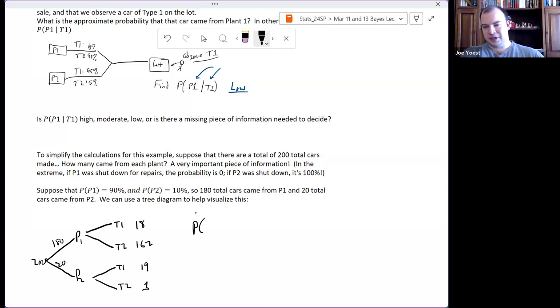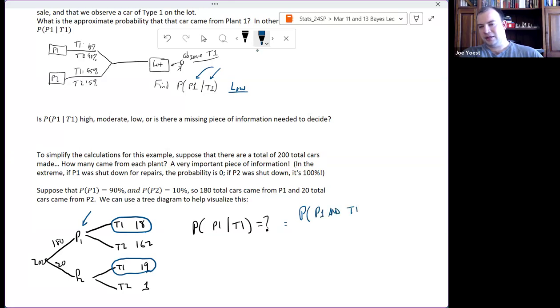So what is the probability of plant 1 given type 1? Well, I can look at all of the ways to get a type 1 car and ask what proportion of those came from plant 1. Or I can say this is probability of plant 1 and type 1 over probability of type 1.